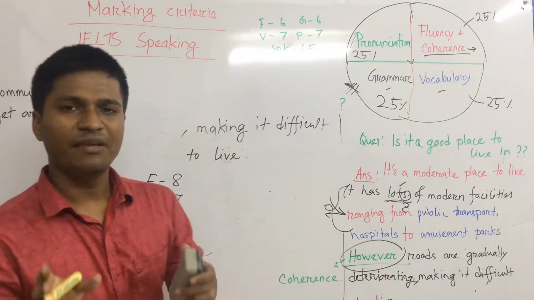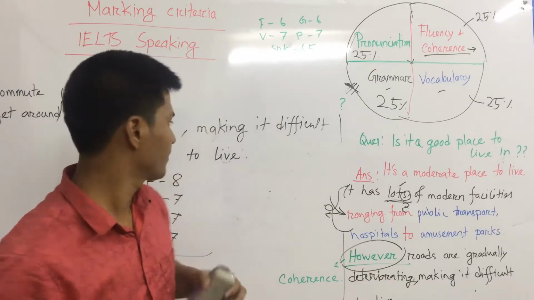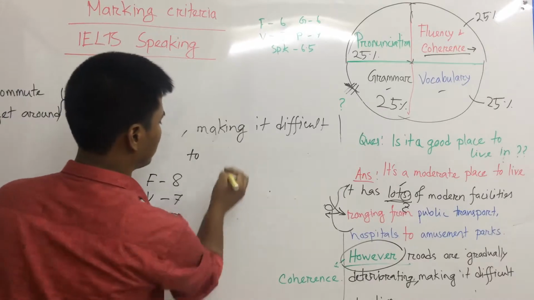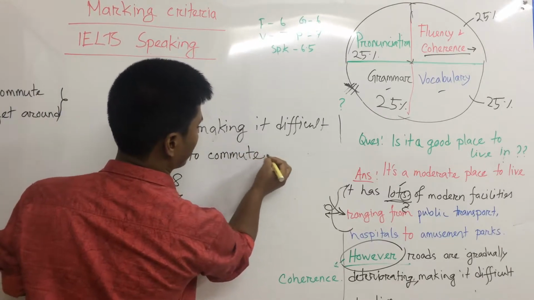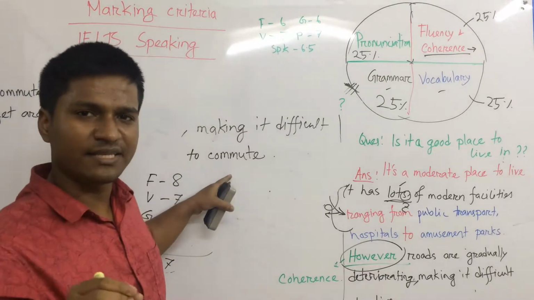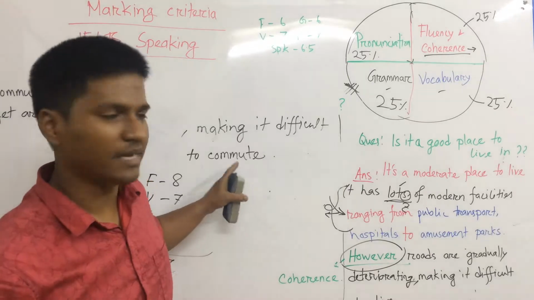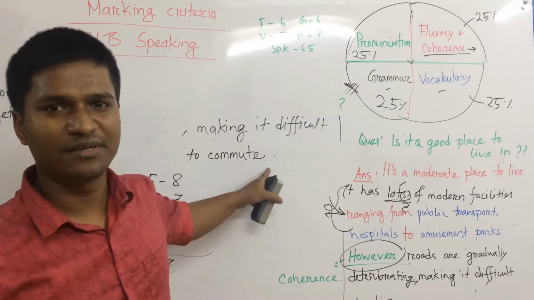Now, if you are saying something like making it difficult to commute, making it difficult to commute, if you are saying something like this in your IELTS speaking exam, again, that will boost your score. Commute is a nice word.